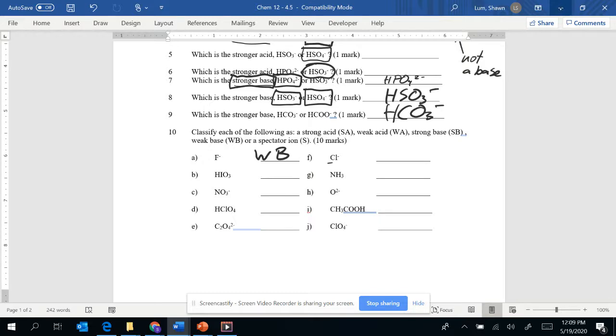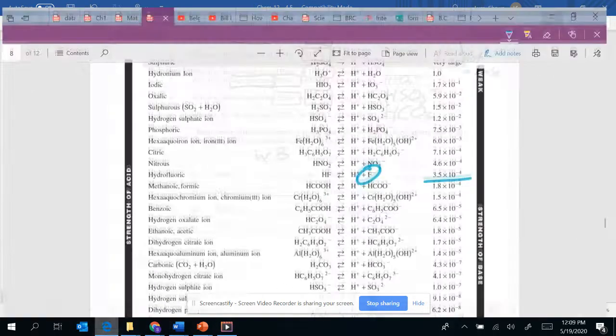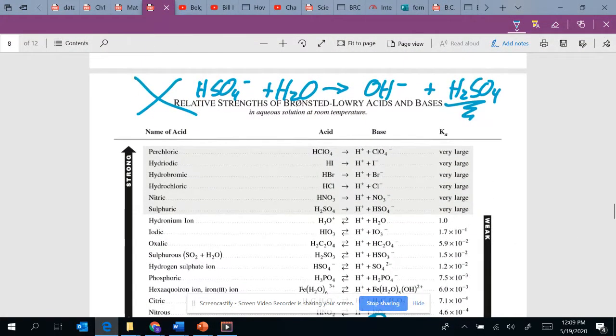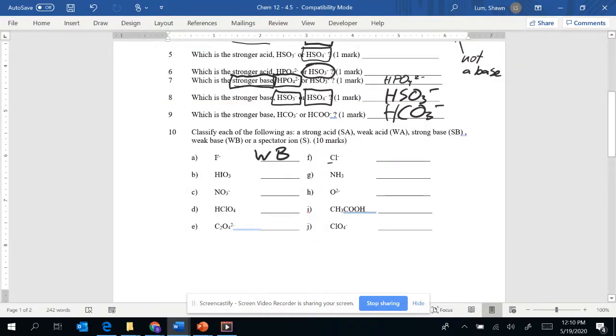So Cl minus is right up here. It does not have a number associated with it. HCl turns into H plus and Cl minus. This is a one-way kind of reaction. It's not an equilibrium. So Cl minus is actually a spectator ion. It is not going to be a base. So we'd say spectator ion.